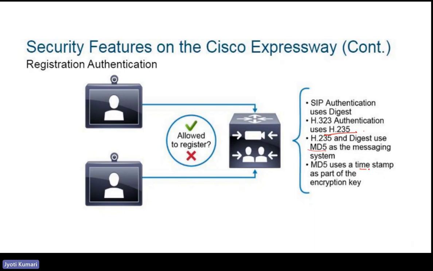Now, what is a timestamp? A timestamp is information which checks that the time is synchronized. So if the request has been sent and received at the same time, then only it will verify it. And for that, an NTP server is required. Both the endpoints should be clients of the same NTP server. That is a timestamp.